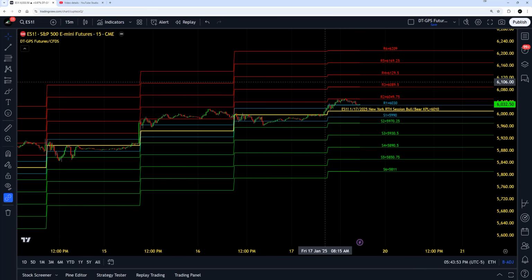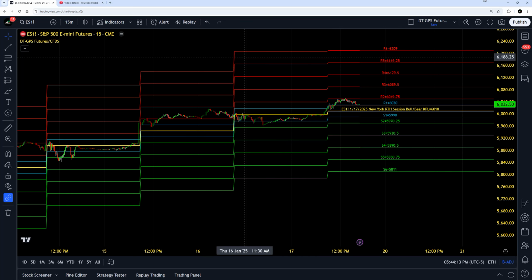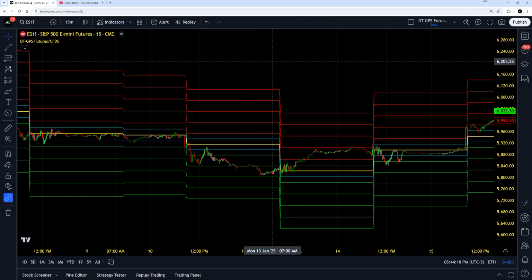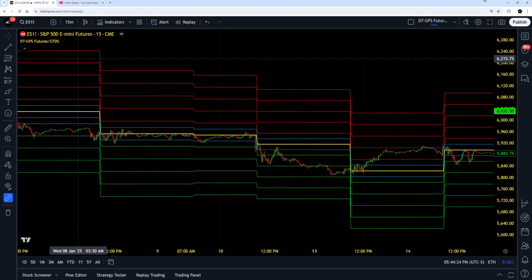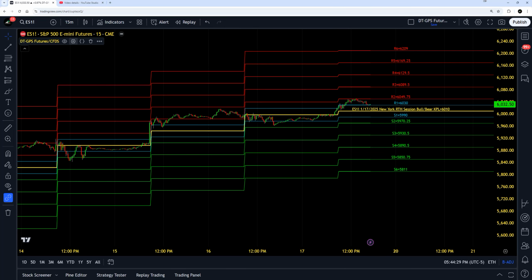Those come out at 9 a.m. So again, keep in mind that these were on a 15-minute chart. 9 a.m. is going to be the start here, the start here, and the start here, signified by these lines. Then, of course, you can also look at the Asia.